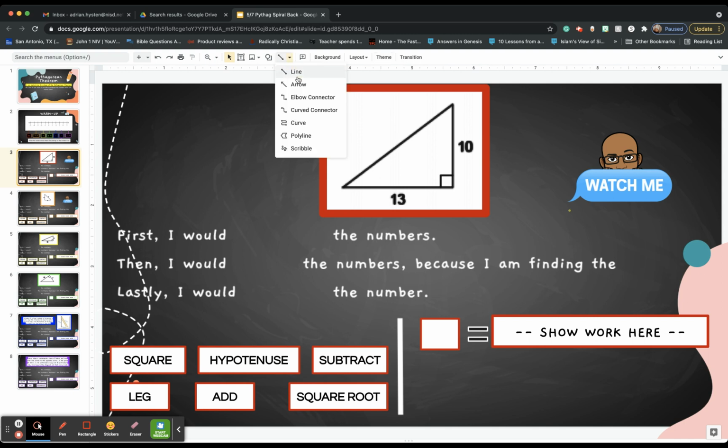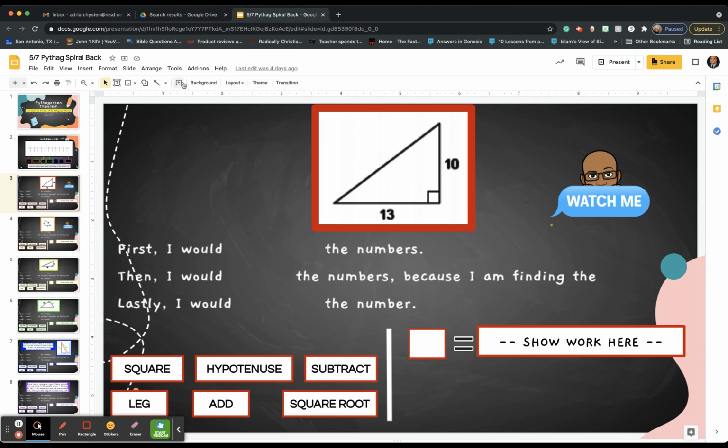You might have remembered back earlier in the year we used to draw an arrow. See if it'll let me draw an arrow right now. No, it doesn't look like it wants to let me draw an arrow.